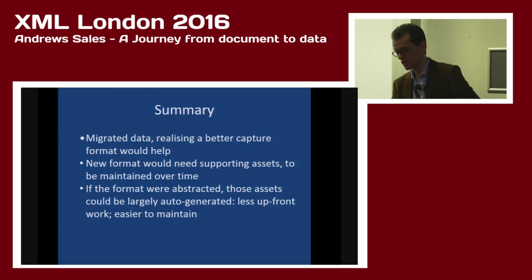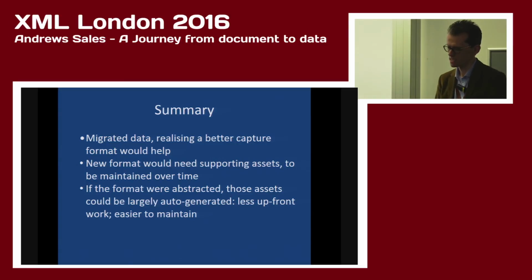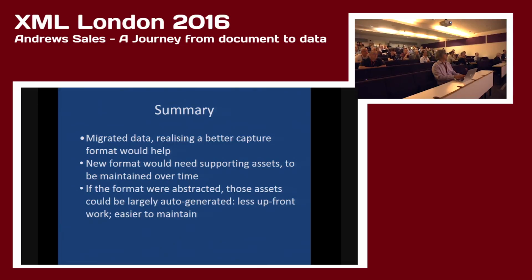So, in summary, this was a data migration, but as I said at the start, we realized that a better capturing format would help. Also that the new format would need supporting assets, and that these would need maintaining over time. And following on from that, if this format were abstracted, then those assets could be largely auto-generated, meaning less upfront work and easier maintenance.